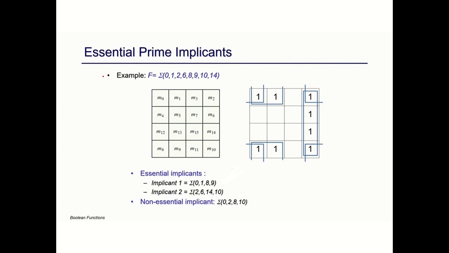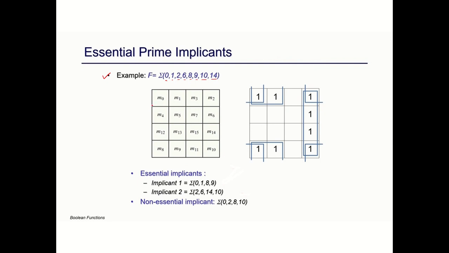So here we have taken one example, that f having some onset function 0 1 2 6 8 9 10 and then 14. So from the onset it is clear that it is a 4 variable function. As we have a clear idea about the K-map, we can put all these onset functions within the 4 variable K-map.